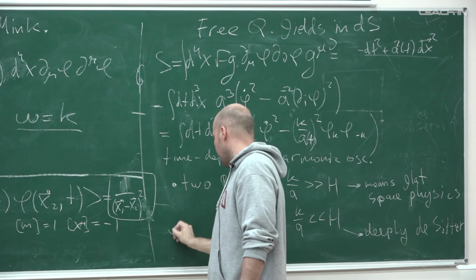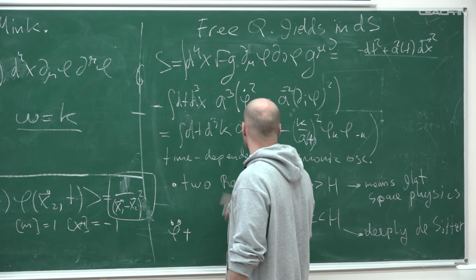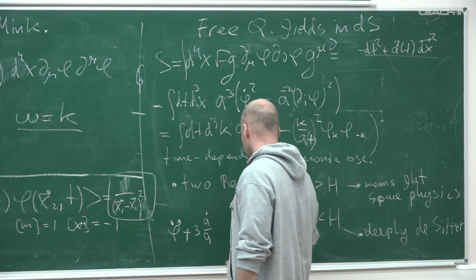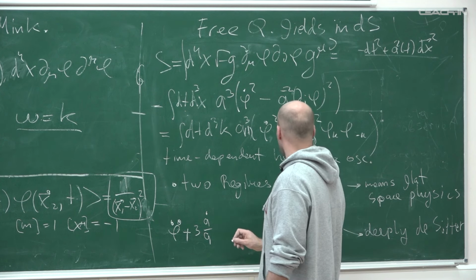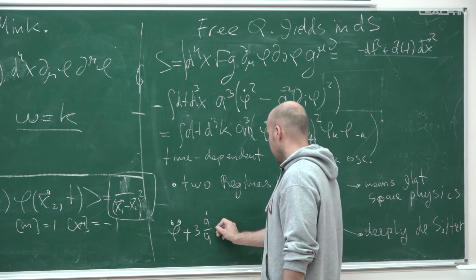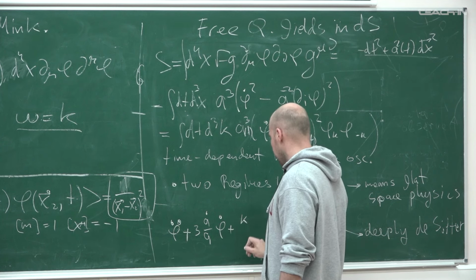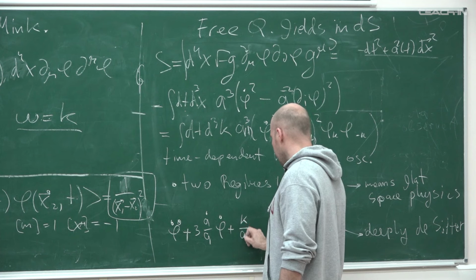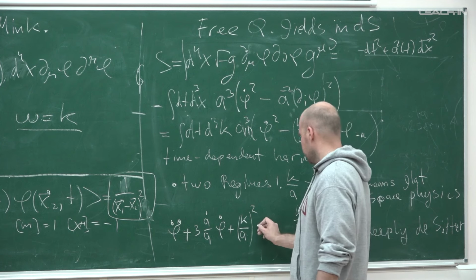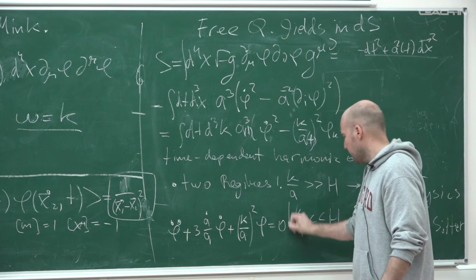So basically we'll have the equation of motion like this: phi double dot plus 3 a dot over a phi dot plus k over a squared phi equals 0, in momentum space.